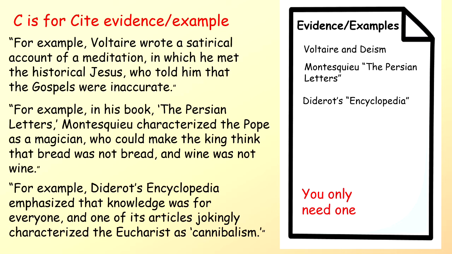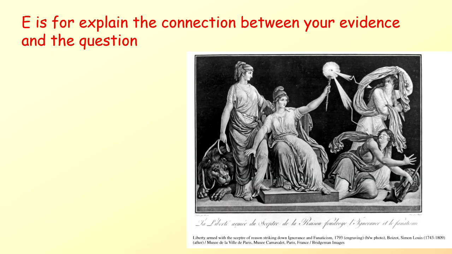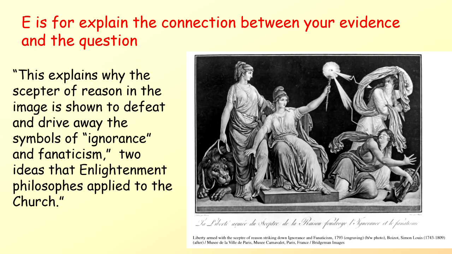Remember, you only need one. You don't need to generate this much evidence. E is for explain the connection between your evidence and the question. So I might say this. This explains why the scepter of reason in the image is shown to defeat and drive away the symbols of ignorance and fanaticism, two ideas that Enlightenment philosophers applied to the church.